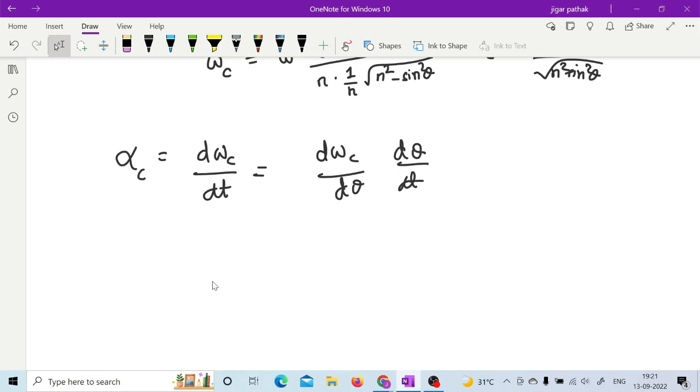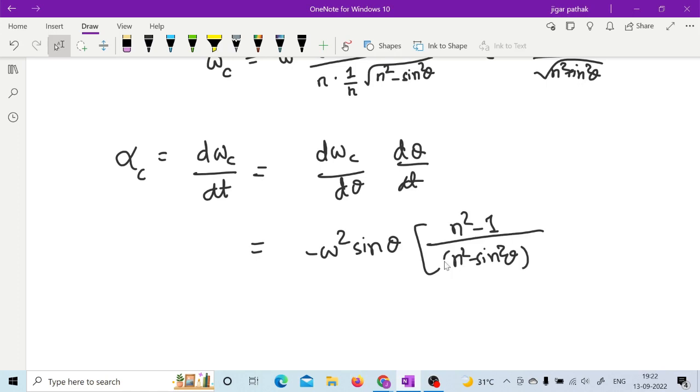So if you again differentiate the angular velocity of connecting rod, then you can come up with the final equation as minus omega square sine theta, right, n square minus 1 upon n square minus sine square theta to the power 3 by 2, right? I am not doing the intermediate steps.